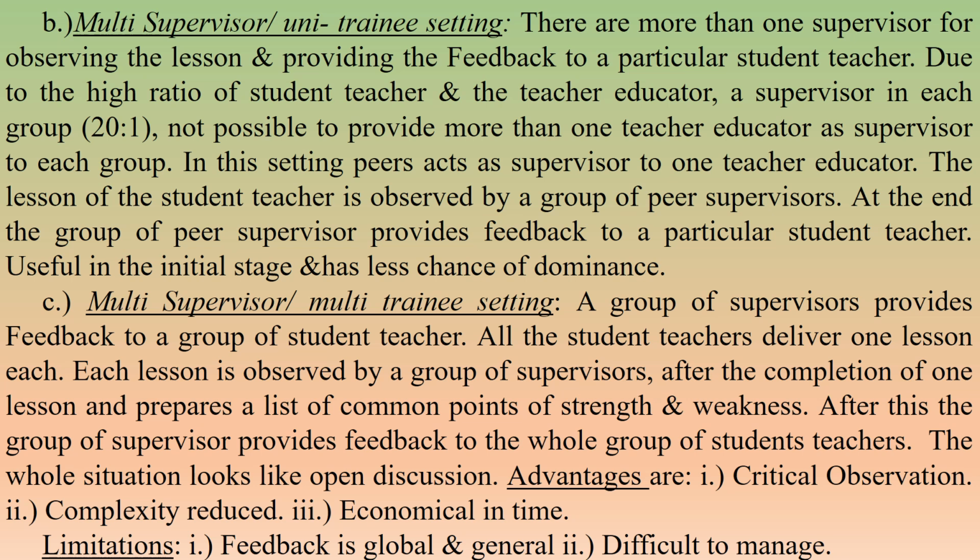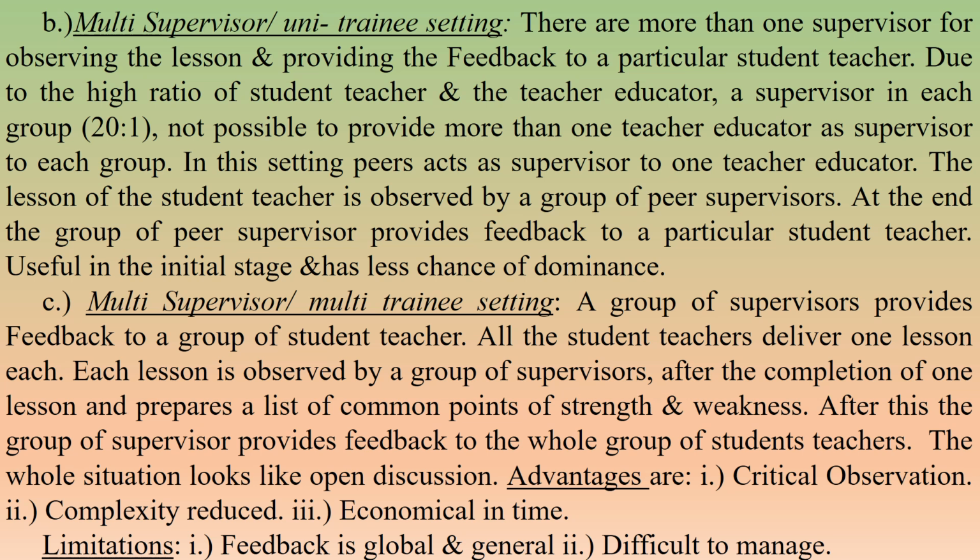In multi-supervisor multi-trainee setting, a group of supervisors provides feedback to a group of student teachers simultaneously. All the student teachers of the group deliver one lesson each. Each lesson is observed by a group of supervisors, who after the completion of one lesson prepare a list of common points of strength and weakness.